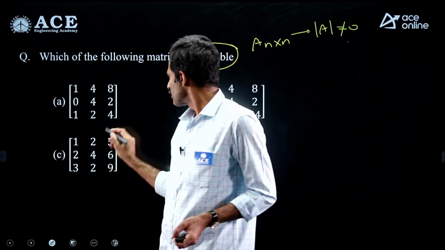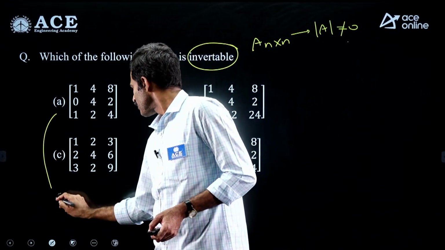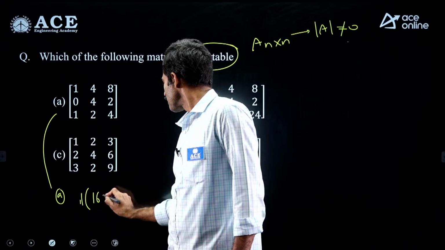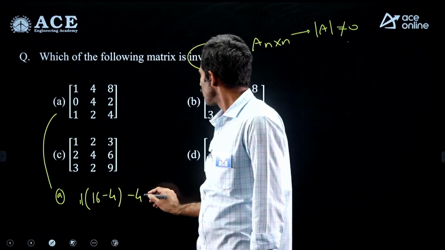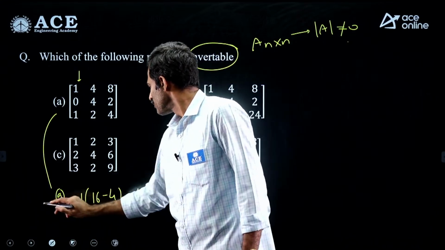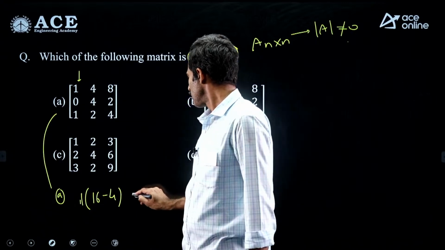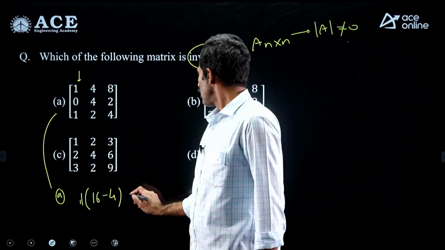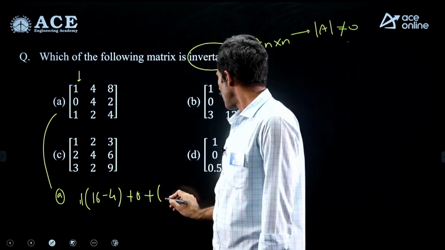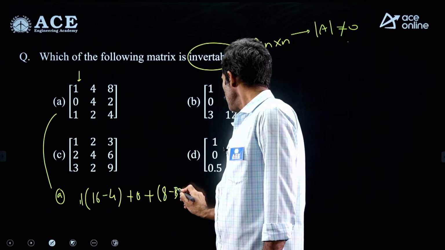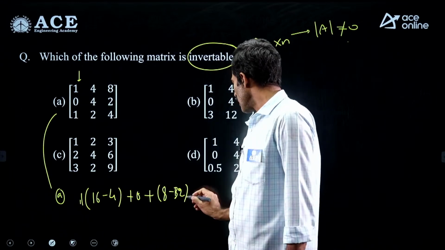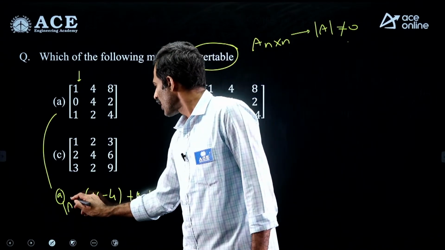So for the first option, the determinant is 1 into 16 minus 4, minus 4 into, or we can expand along this, plus 0 plus again 1 into 8 minus 32, and here it is 12, and the sum of all this is not equal to 0, so the determinant is not equal to 0.